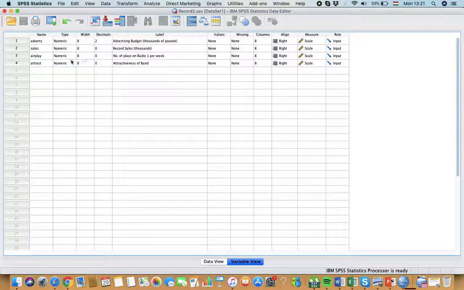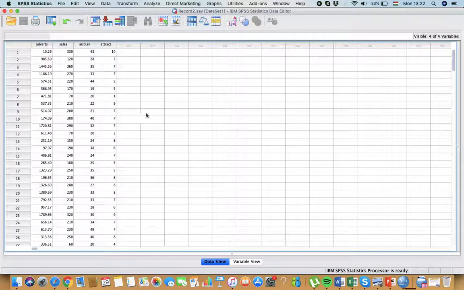So this is called airplay, how many times the given record was played, and attractiveness of the band. This was measured on a scale from 0, which is not attractive at all, to 10, very attractive, and the targeted audience were asked, and here the most frequently used attractiveness scale was used as a measure.